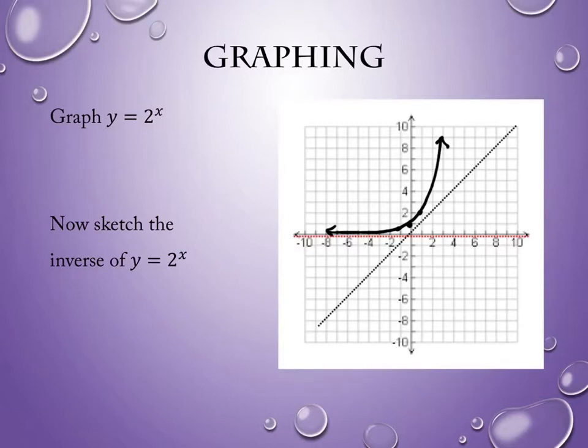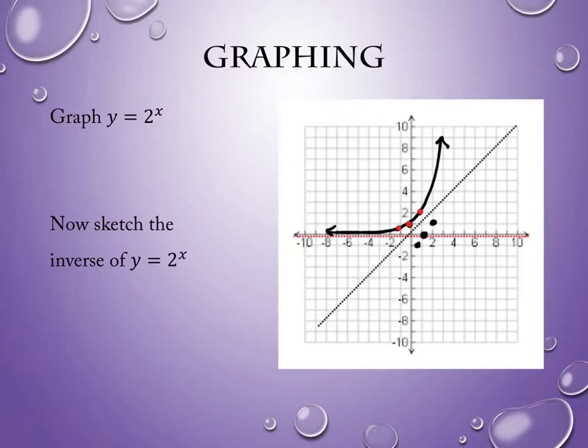Not sure? The first graph has an asymptote on the x-axis. We talked about when we did inverses, inverses are switching x's and y's. So where do you think this would have an asymptote? On the y-axis. Exactly. And so if I do a mirror image, this point would become this point, and this point would become this point.